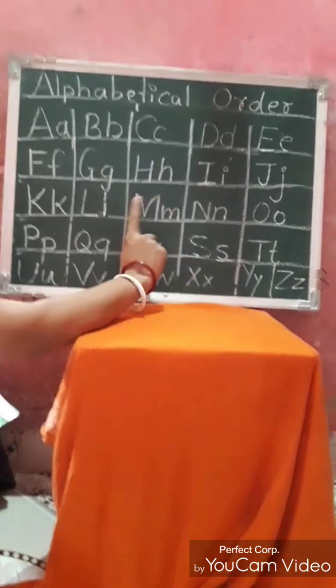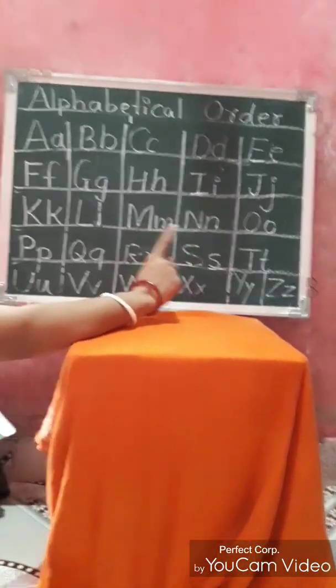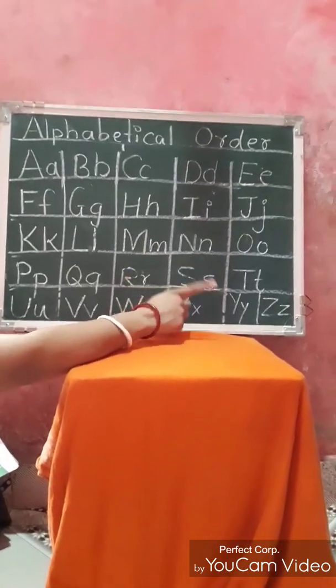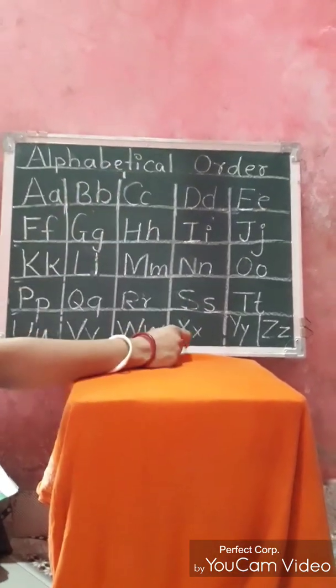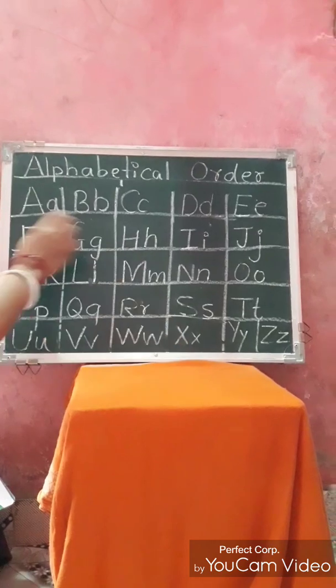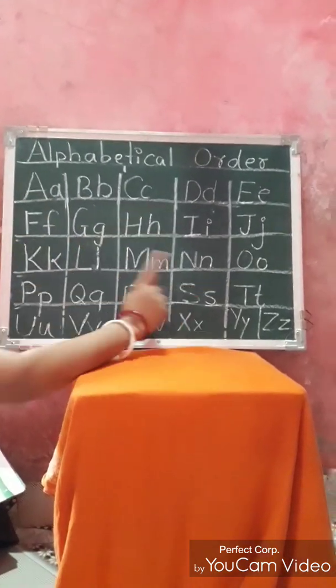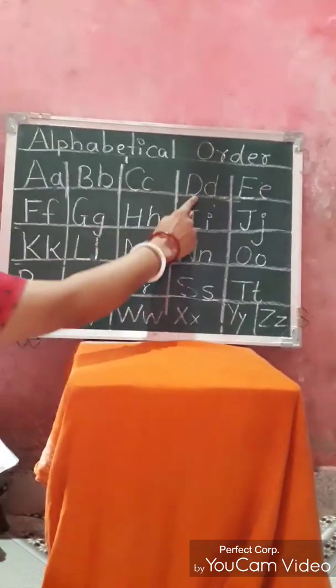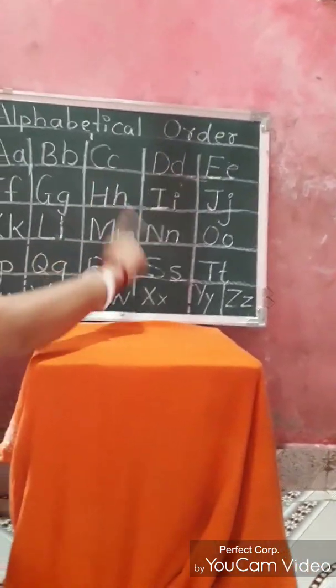So after the alphabet I'm going to give some explanation on the alphabetical order. Look at the board carefully. After looking, you come to know that after A, B is written, and after B, C, C after D, and D after E is written.